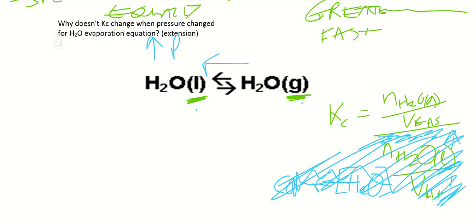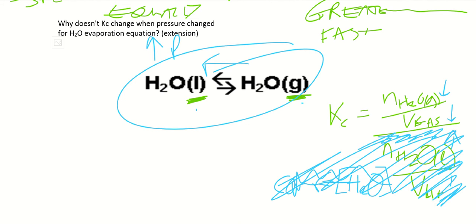or would it change? That's the question. So, if you're increasing the pressure, well, that's going to decrease the volume. Increasing the pressure of you squeezing that bag, that's going to decrease the volume of the bag, the gaseous volume. But also the number of moles of water vapor is going to decrease as well, because this equilibrium shifts to the left-hand side.